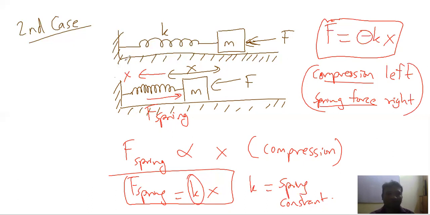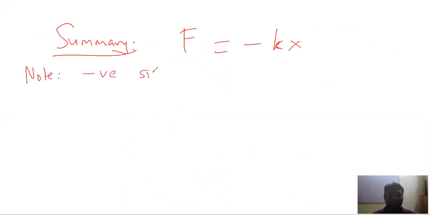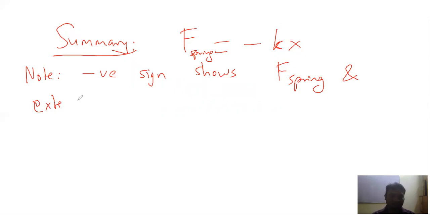So to sum it up, spring force F is minus kx. Note, the negative sign shows spring force and extension or compression are in opposite directions.